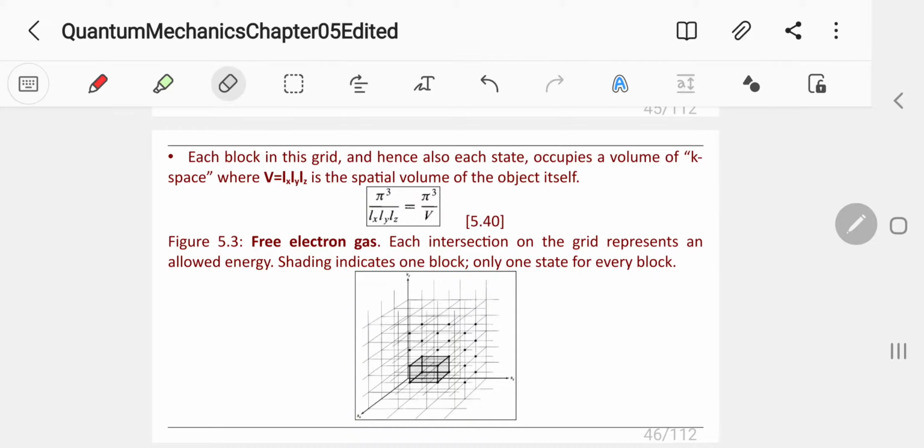Each block in the grid, as you can see, occupies a volume in k space. The volume is, of course, pi cubed over Lx Ly Lz.